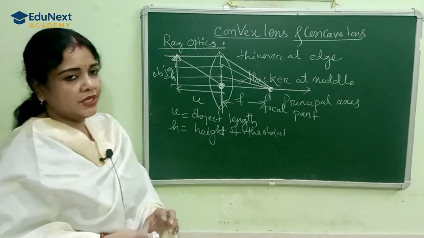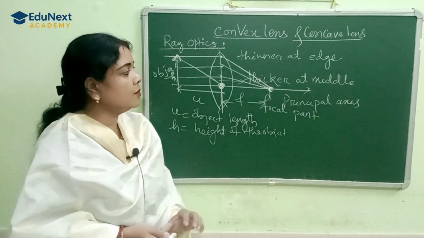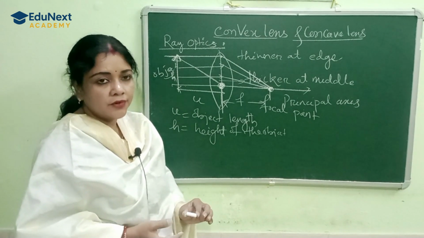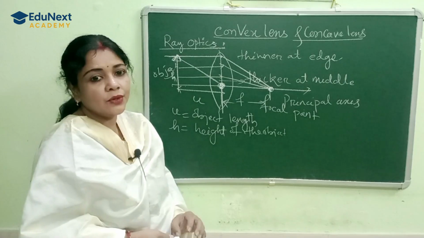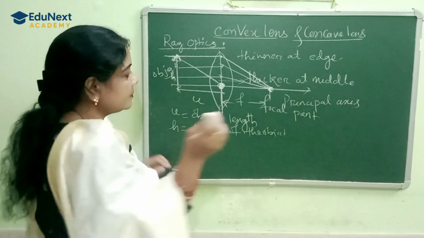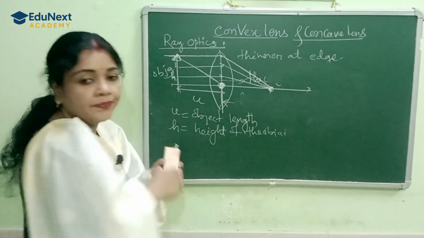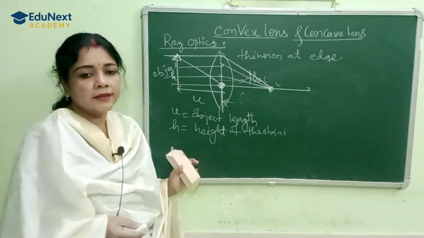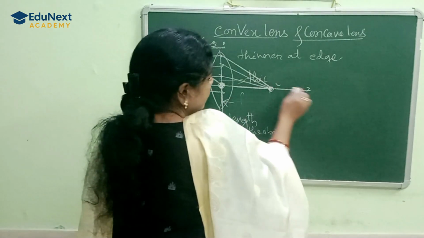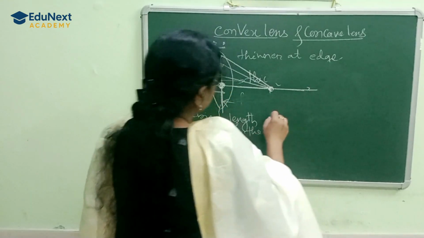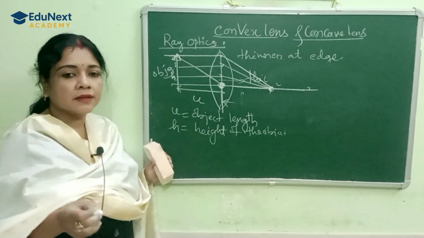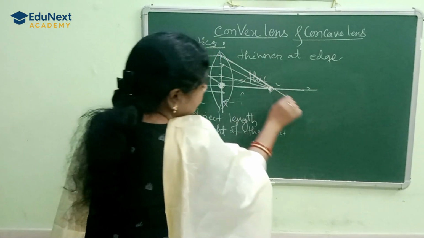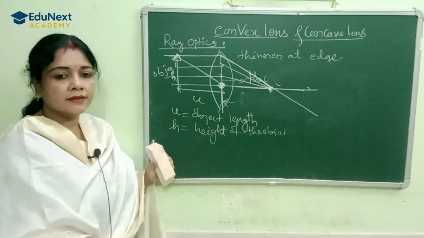Now see, if I put an object here in front of a lens, then its image will form. How will that image look? The image will look like, for example, if I draw from here to here.